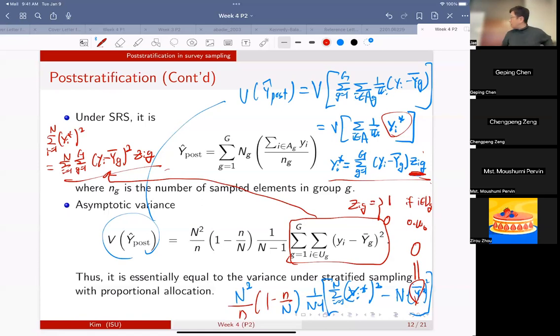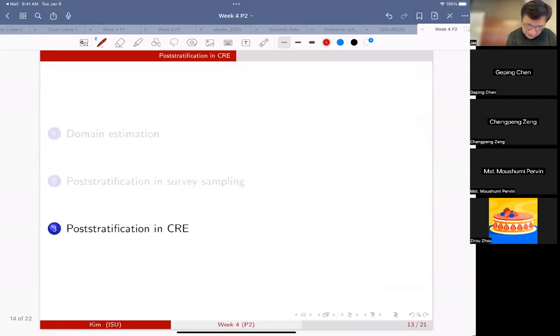Okay. By the way, this formula is indeed the same as the variance formula of stratified sampling with proportional allocation. Remember, let's recall, what is the variance of the y-hat under stratified sampling with proportional allocation, right?